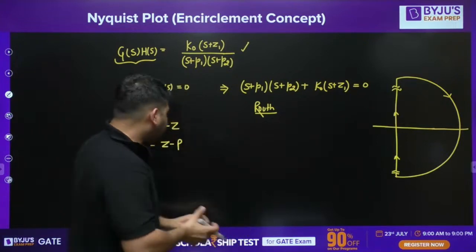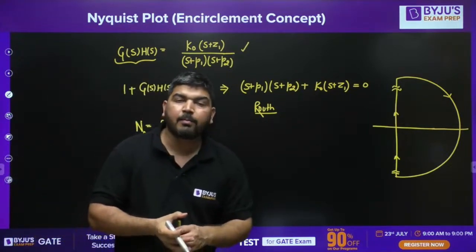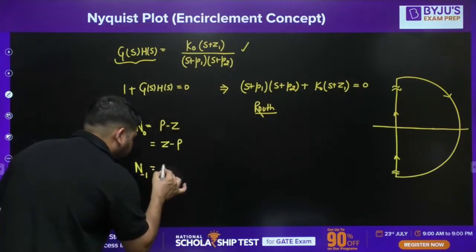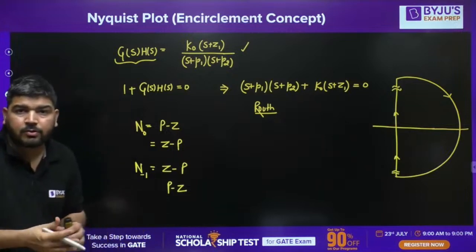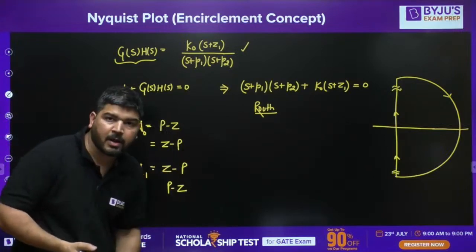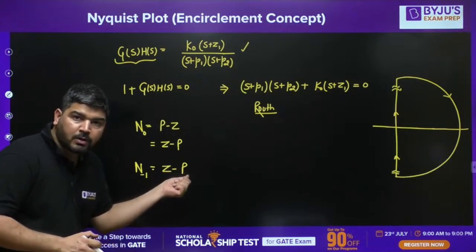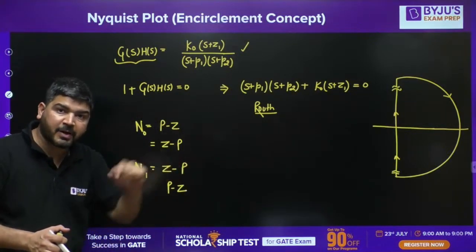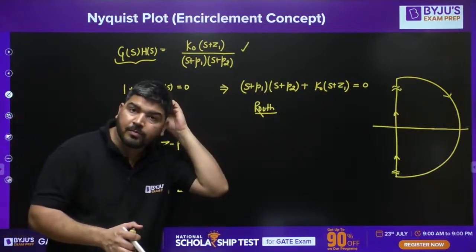But let's say the number of encirclements of minus 1 is asked. Then it has to be either Z minus P or P minus Z. Whichever gives you the positive answer, that you need to apply. Now what is this Z and what is this P? P is the number of poles of 1 plus G(s)H(s) inside this S-plane contour, and Z is the number of zeros of 1 plus G(s)H(s) inside this contour.